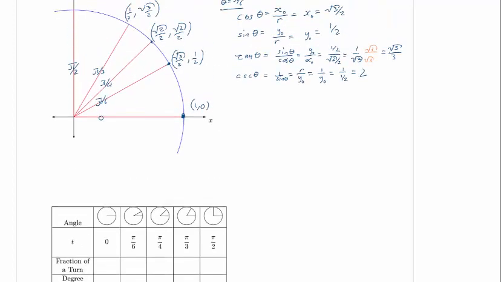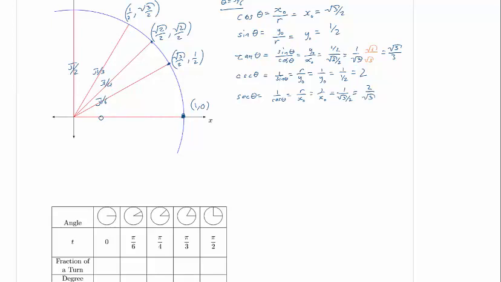Okay. Now secant of theta, that's 1 over cosine theta, which is the radius divided by the x coordinate, and of course the radius is just 1. So we have 1 over square root of 3 divided by 2, so that turns into 2 over root 3.